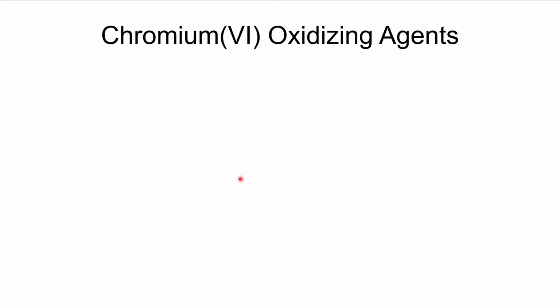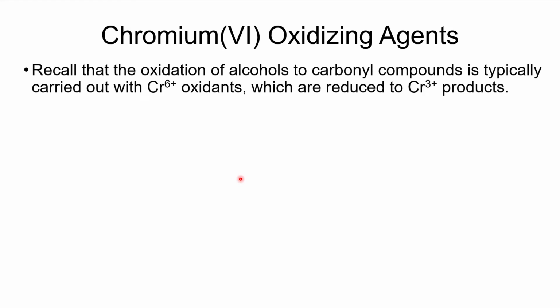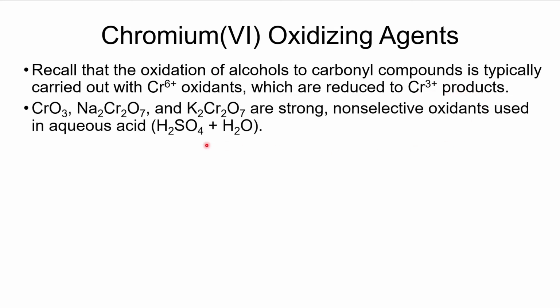All right, so let's look at our chromium 6 oxidizing agents. We talked about them a little bit earlier. And so we need to use something that is a chromium 6 oxidizing agent. And they end up getting reduced to chromium 3 products.